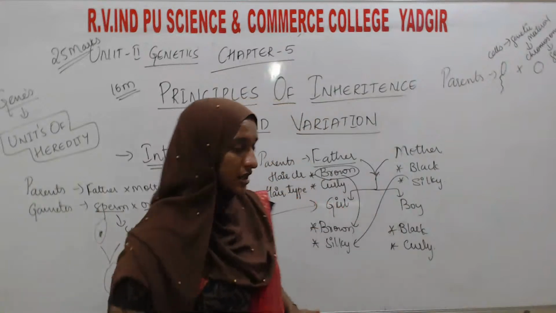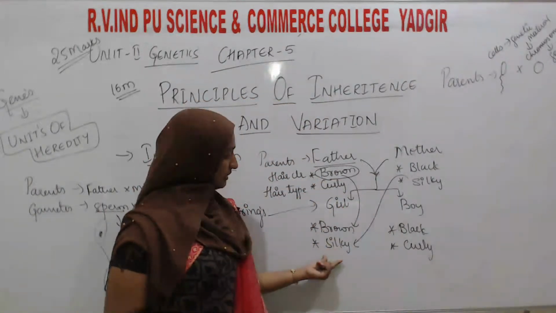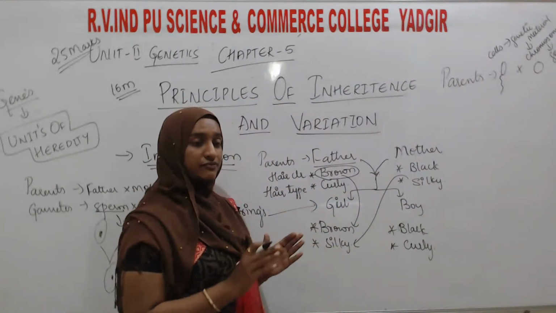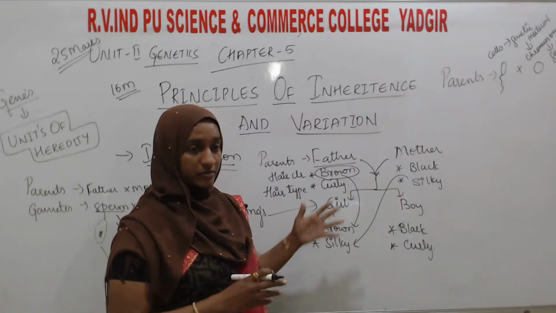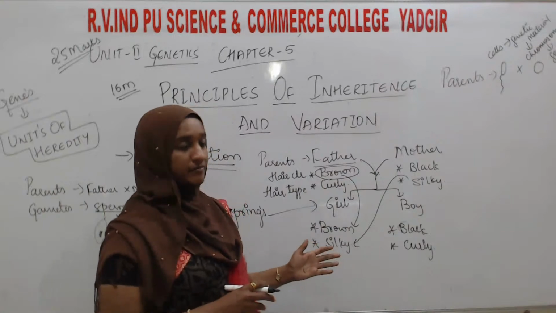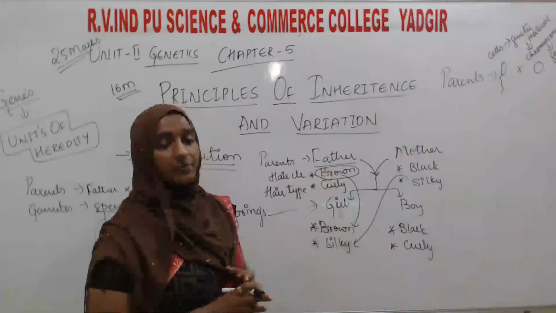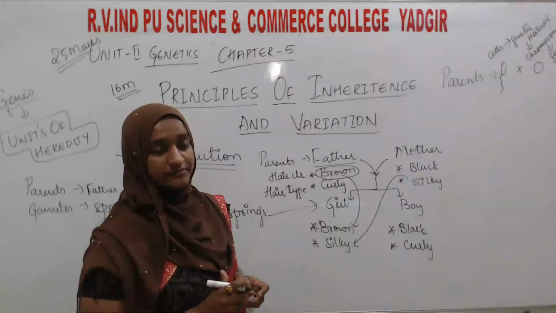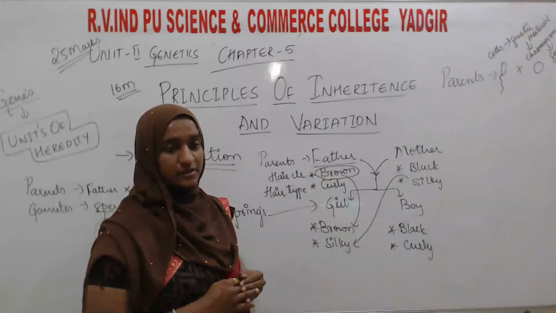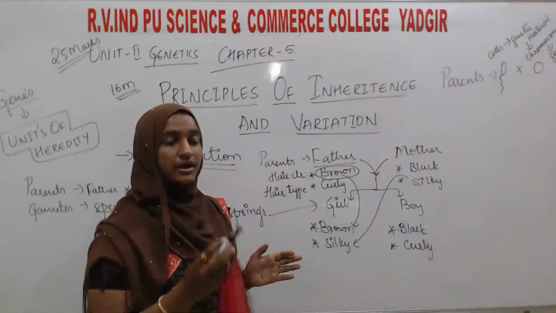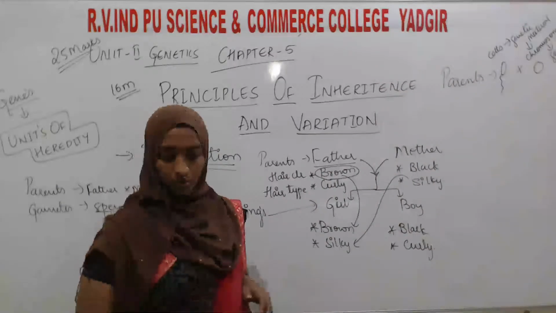In heredity, the parents are undergoing a process of sexual reproduction. Sexual reproduction means fusion of two gametes, the male gamete sperm and the female gamete ova.